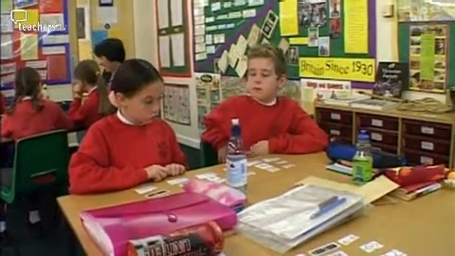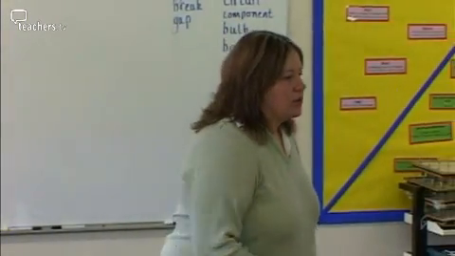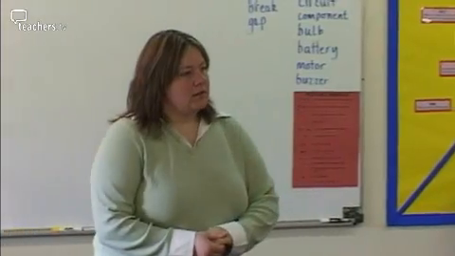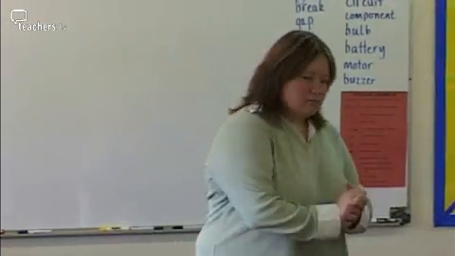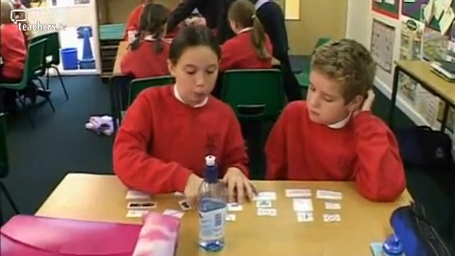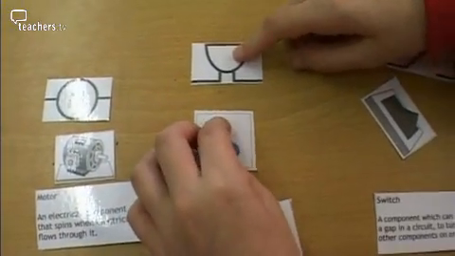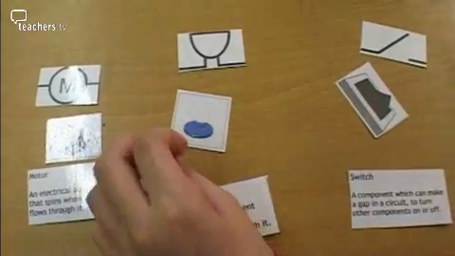Whole class, well done. With the other people on your desk, I would like you to discuss your bulb choice. That looks like it's the bulb attached to the bottom. That's the bottom of that and that's the bottom of the bulb.